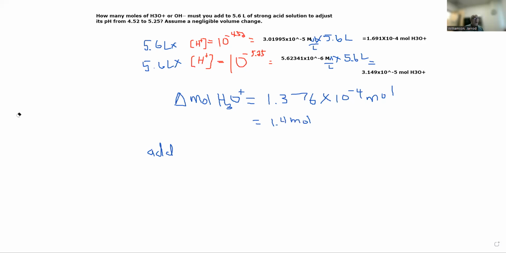Okay, I'm having to add 1.4 times 10 to the negative 4 moles of OH minus to consume 1.4 times 10 to the negative 4 moles of H3O plus.